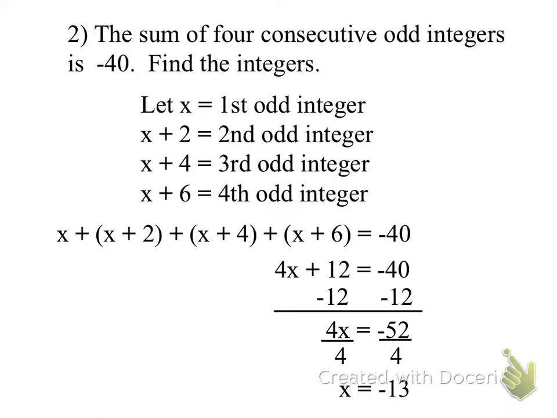Negative 13. What would the second integer be, Wyatt? The second integer would be negative 11. What would the next integer be? Okay, we'll go to Yuri. Negative 9, and then we have negative 7. Is everybody clear?